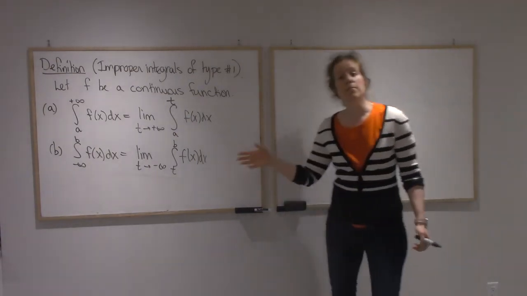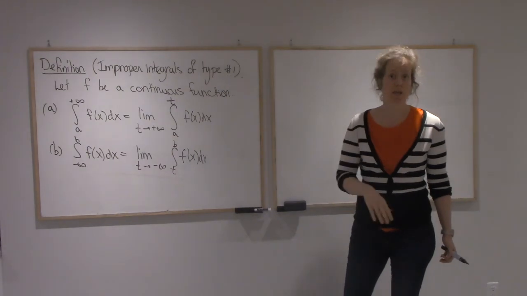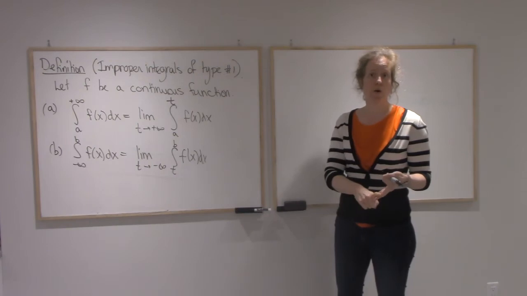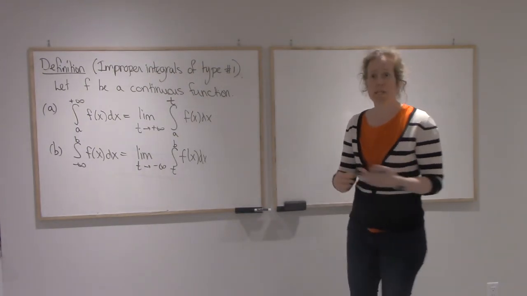So if these limits give us a finite number, we'll say the integrals converge. If they give us infinity, DNE, or minus infinity, we'll say they diverge.